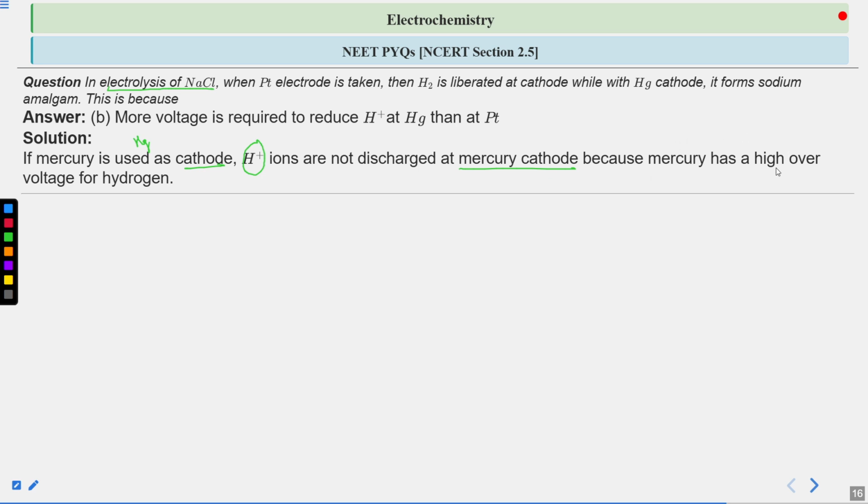Because mercury has a high overvoltage for hydrogen discharge. It needs a higher voltage to discharge the H positive ions. That's why with the platinum electrode hydrogen is liberated at the cathode, but not in the case of the mercury cathode.